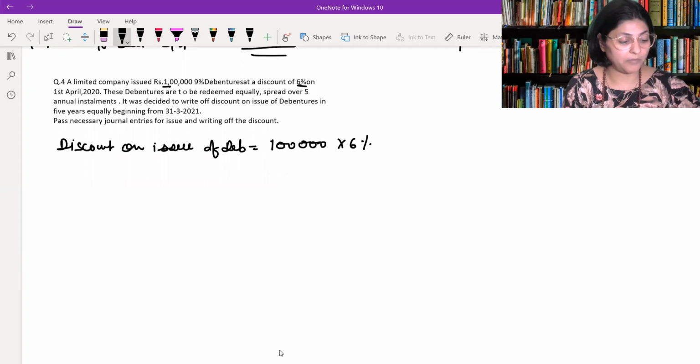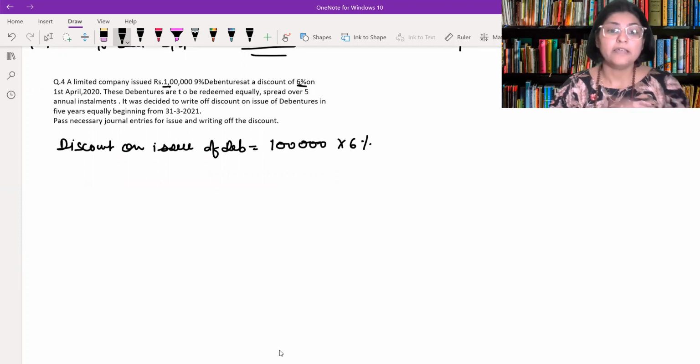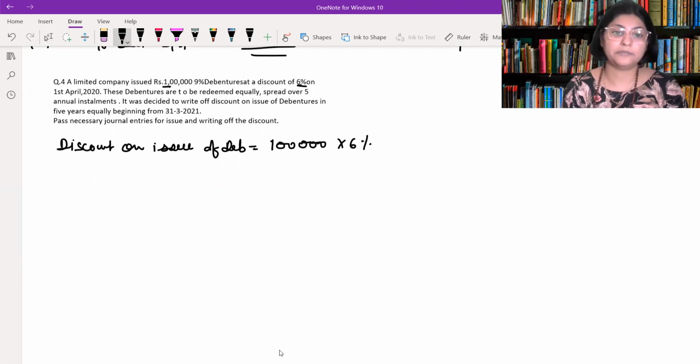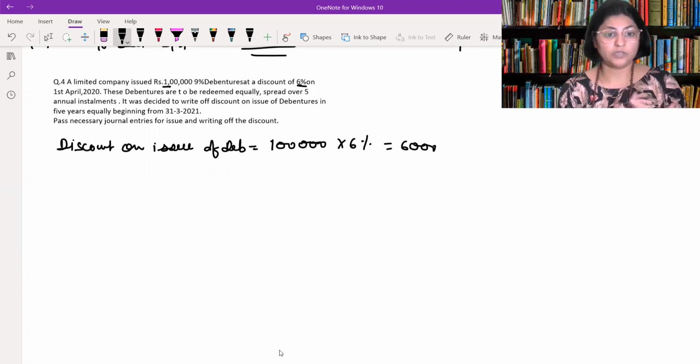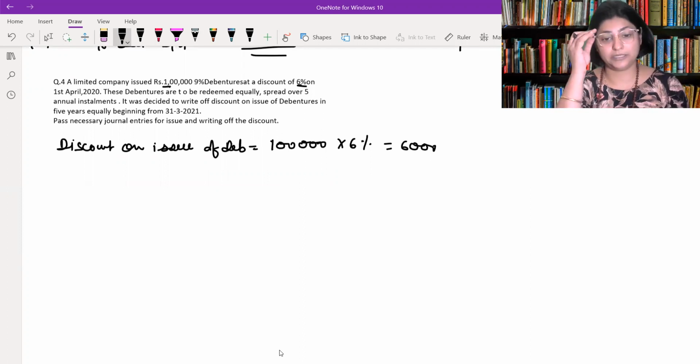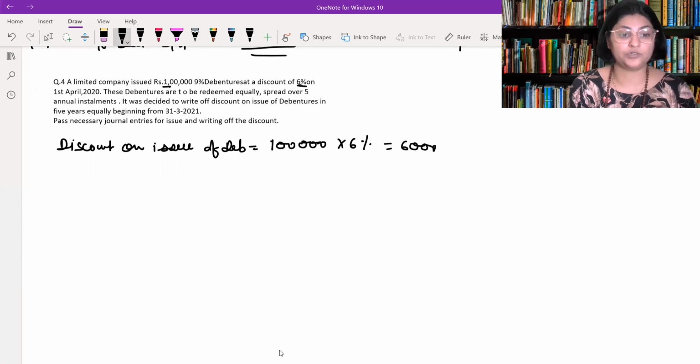So directly the amount of loss on issue of debenture will come in front of us, which is 1 lakh into 6%, so 6,000 is the loss on issue of debenture. Now, when I write it off equally, debentures are also going to be redeemed equally. So even if I don't make the ratio, I can find out, but I have to make the ratio. So I'll write down here the calculation of discount on issue of debenture to be written off.